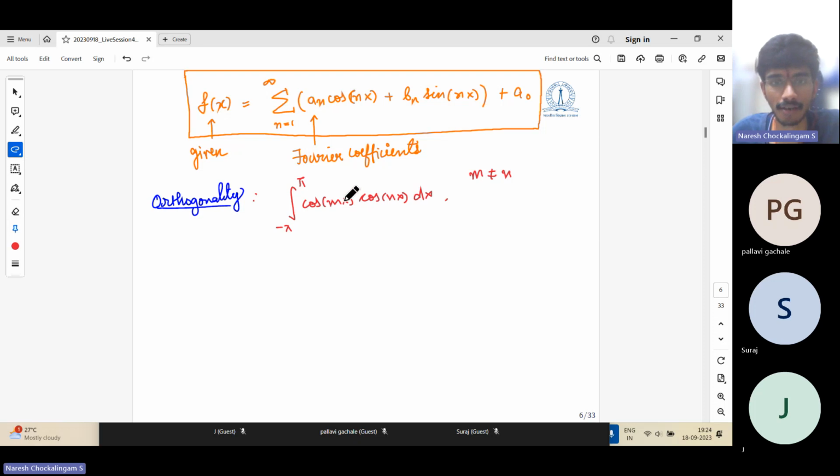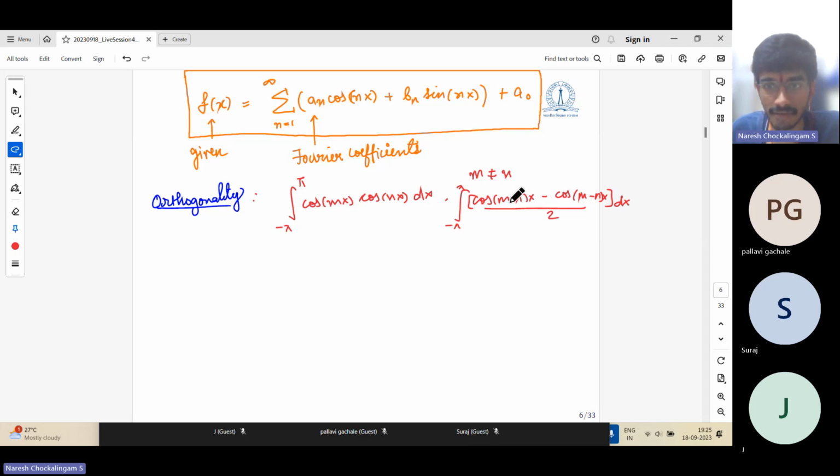Using the cos formula, you can write it as the integral from minus pi to pi of cos of m plus n x minus cos of m minus n x, divided by 2, dx. Here m plus n and m minus n are some integers, and their signs don't matter because cos is an even function.